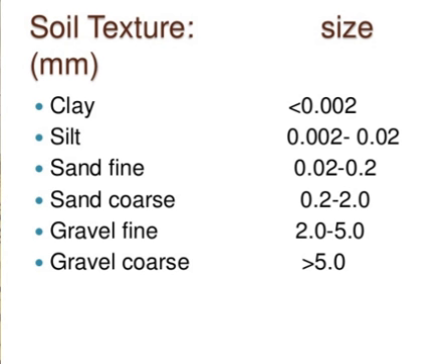What does this system denote? Clay particles having size less than 0.002 millimeter, then silt particles having size 0.002 to 0.02 millimeter in diameter, then fine sand having size 0.02 to 0.2 millimeter, then coarse sand having size 0.2 to 2.0 millimeter, then gravel having size 2.0 to 5.0, and coarse gravel, also known as stones and pebbles, which are greater than 5.0 millimeter.